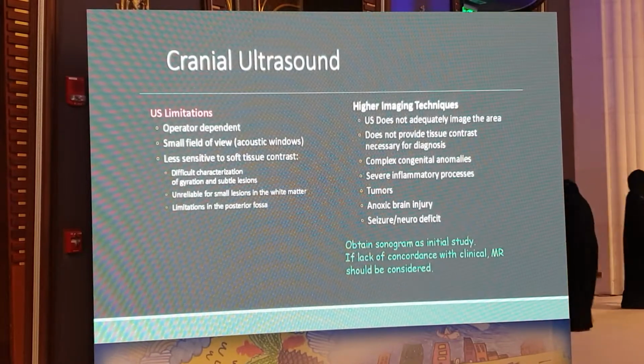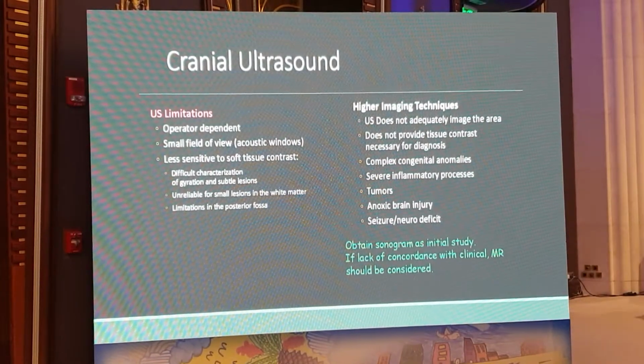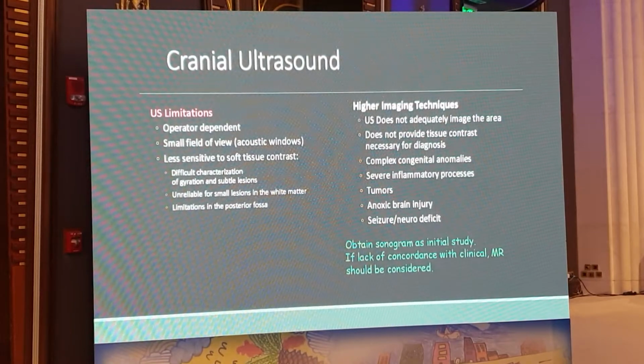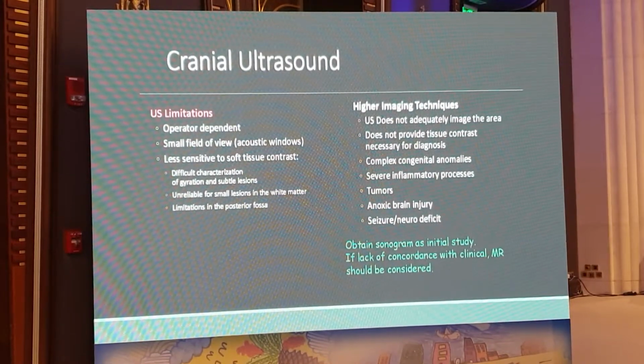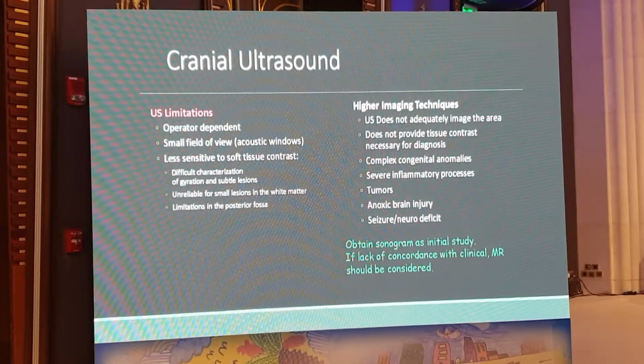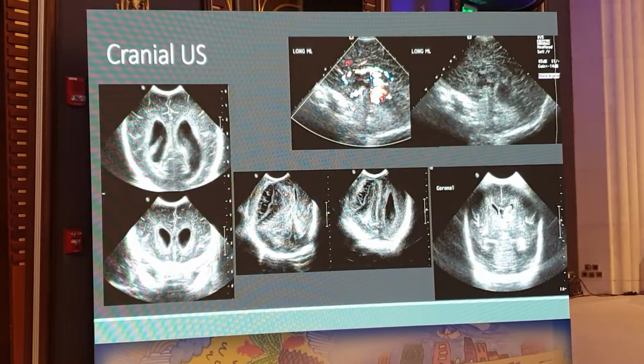So it's hard to detect the pattern of gyration, posterior fossa anomalies, and certain changes in the parenchyma. If we need more detailed findings, or the clinical presentation in the newborn is not clear, we need to go for more advanced imaging. Ultrasound is usually the initial study, and if there's a lack of concordance with the clinical picture, MR should be considered.